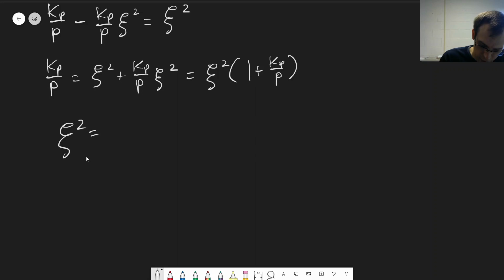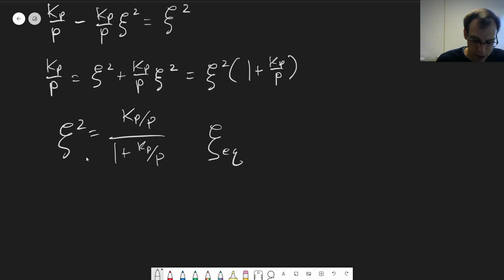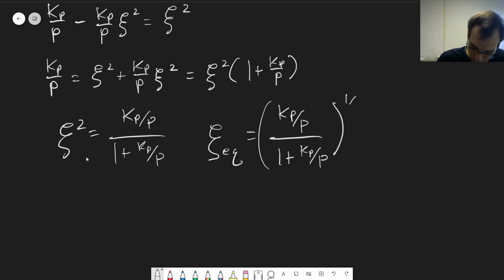Xi squared is equal to Kp over P divided by 1 plus Kp over P. And so, I'll put the equilibrium back in here. Xi at equilibrium as a function of pressure is equal to Kp over P divided by 1 plus Kp over P, all that raised to the 1/2 power.